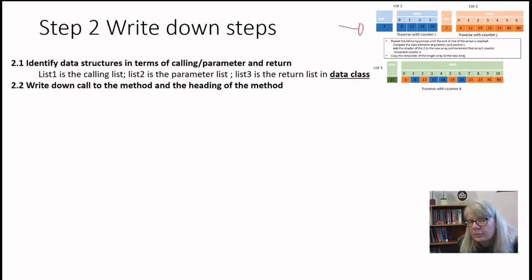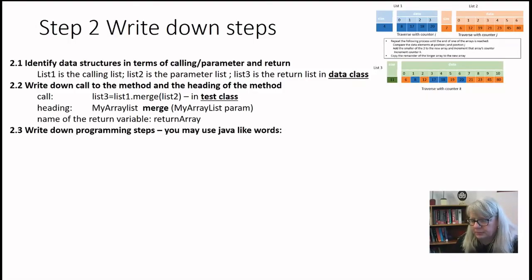And the heading of the method? Quickly hit pause, do so, and check if you are right. Please try this first by yourself. First of all, you have to understand by now that the call is in the test class, and the heading is in the myArrayList class.